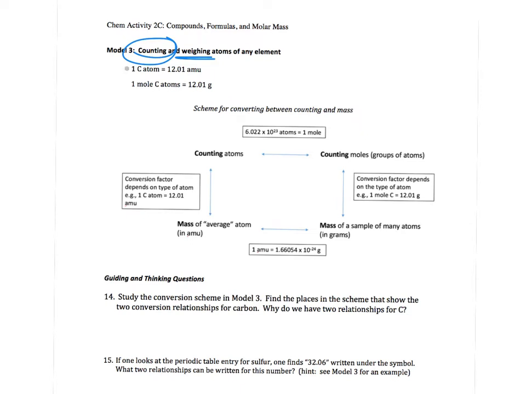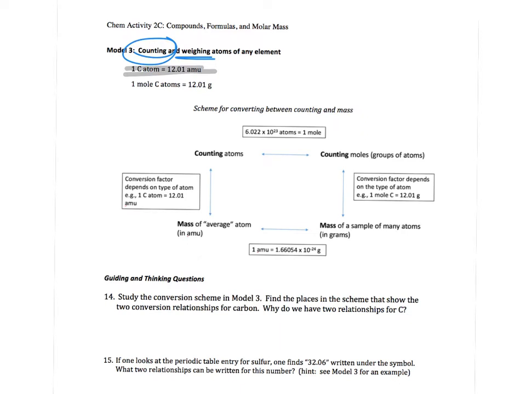And for a carbon atom, the average mass is 12.01 AMUs. That's the average of carbon 12 and carbon 13 and a very little bit of carbon 14. Those 3 isotopes mostly make up the samples of carbon.